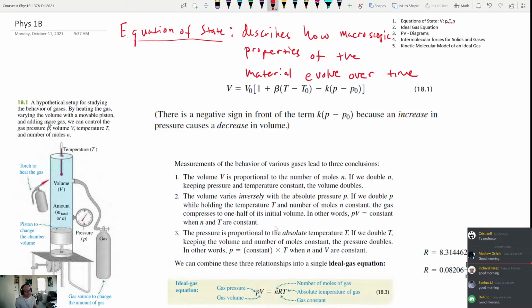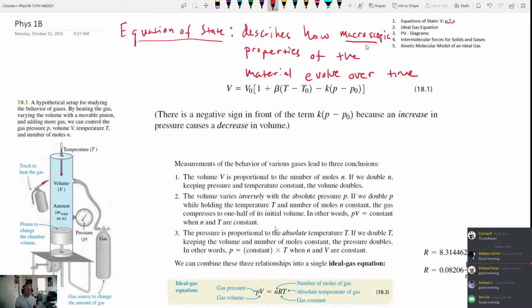So an equation of state does a similar thing for something like a gas, but with a gas, because it's composed of so many tiny little molecules that are all doing very different things, they have different velocities, it's better to talk about the macroscopic properties, not the microscopic properties, which would be like the mass of an individual molecule or the individual velocity or location of a molecule.